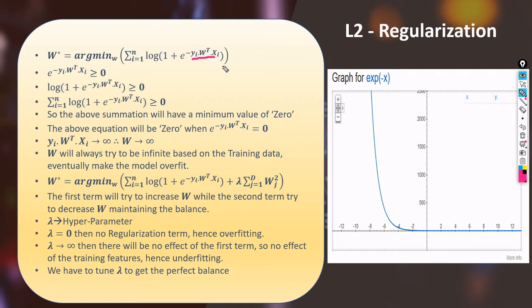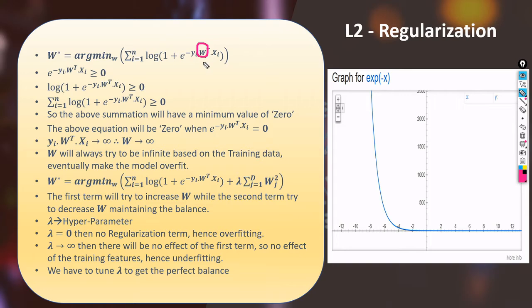Now if you think logically, this sine distance term consists of three things: yi, the weight vector, and the feature vector xi. Out of these three, yi and xi are fixed. They are the data points we are given, and we cannot make any changes to them. So the only variable is the weight vector.